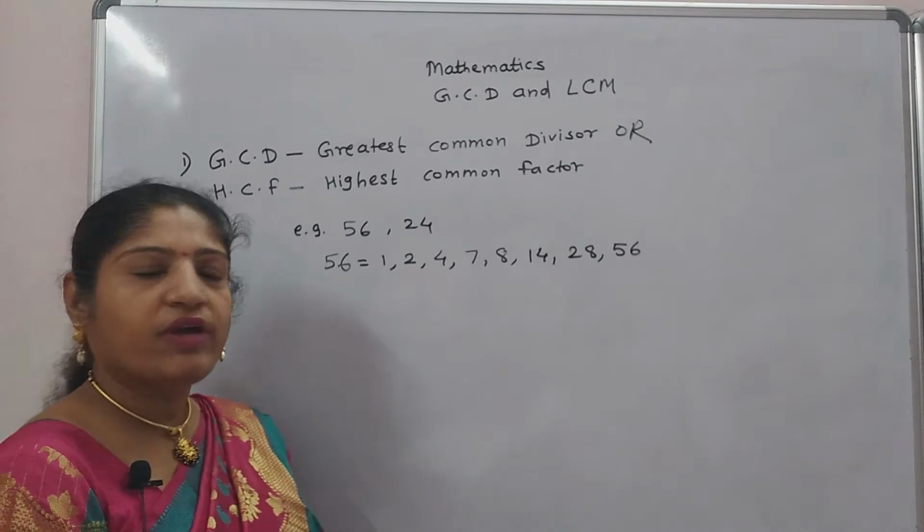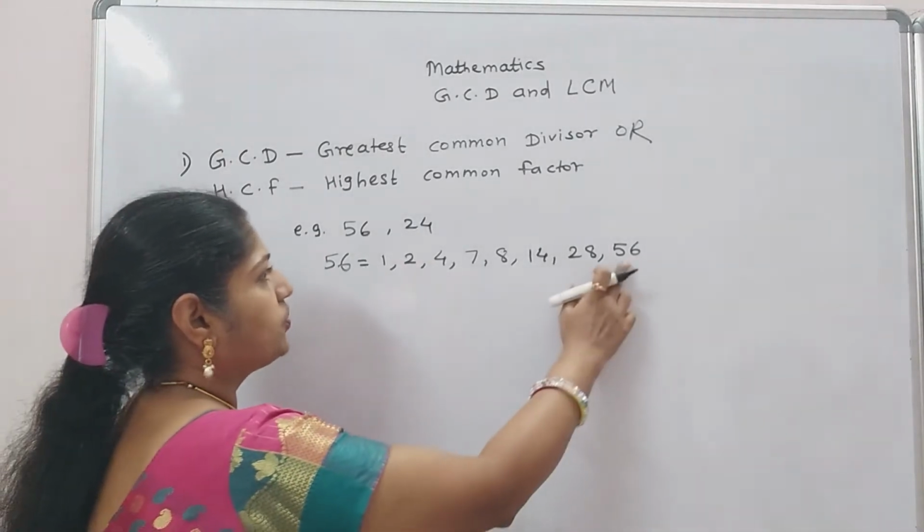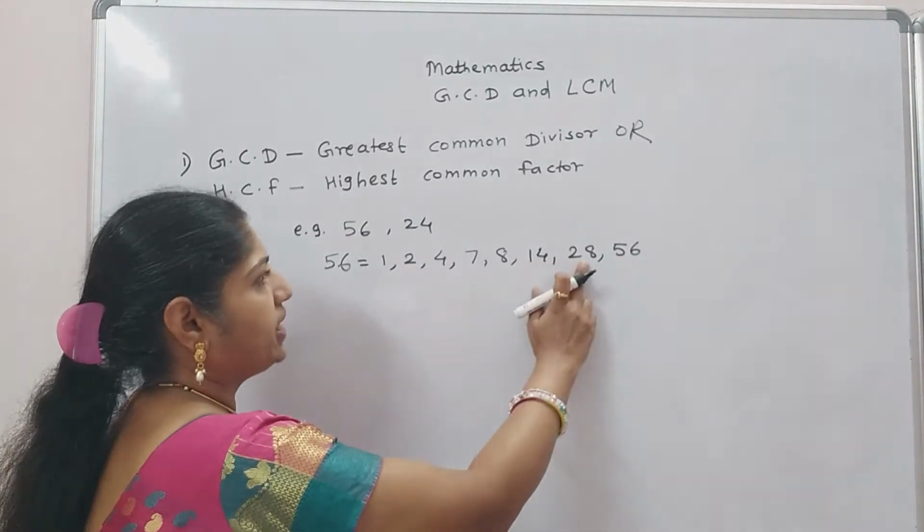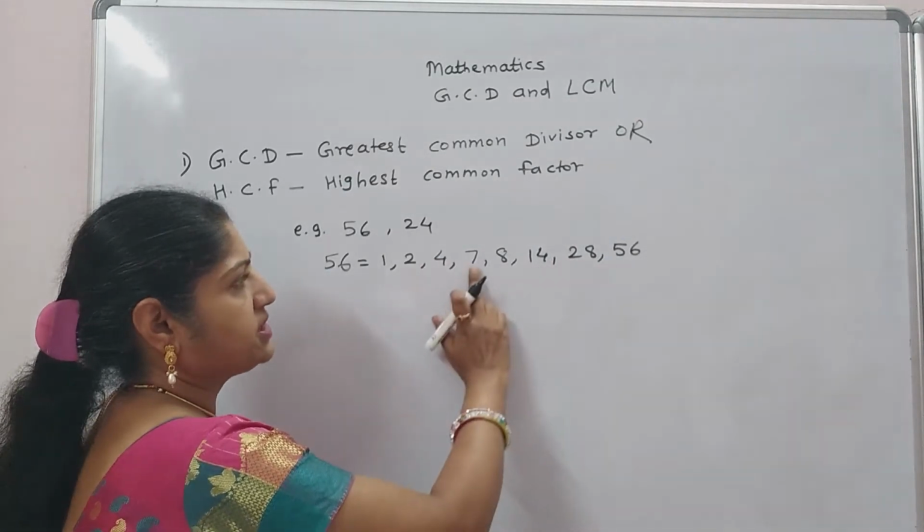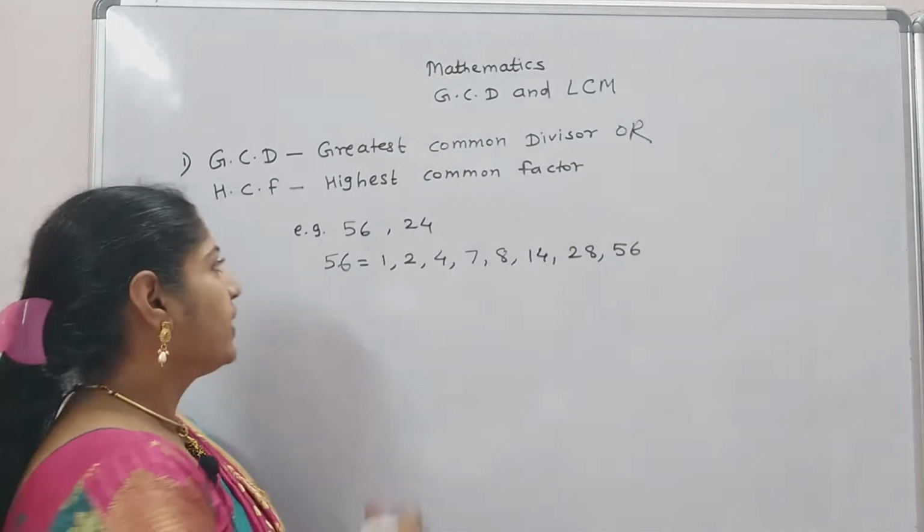These are all the factors of 56: 1 into 56, 2 into 28, 4 into 14, 7 into 8.